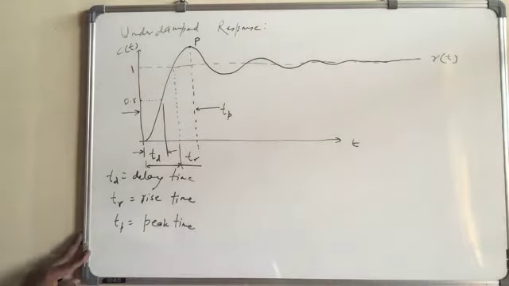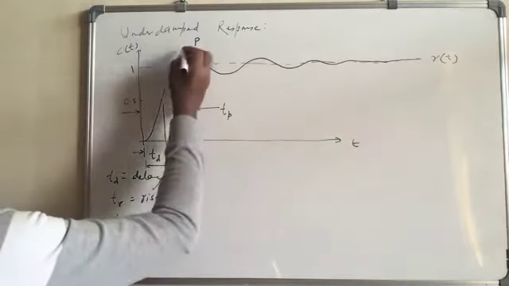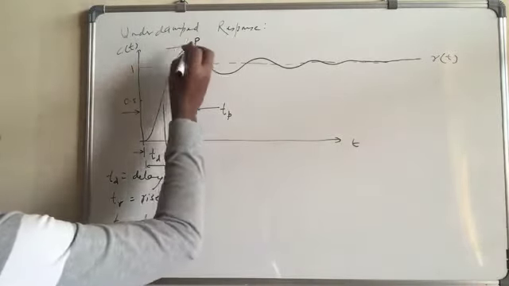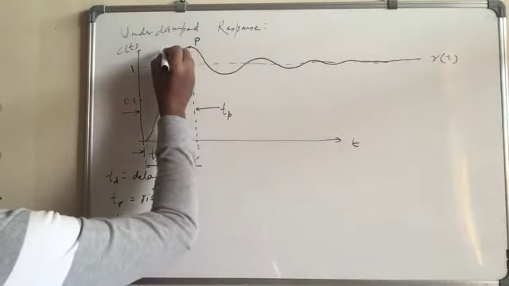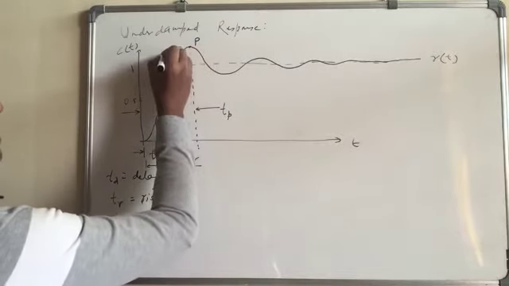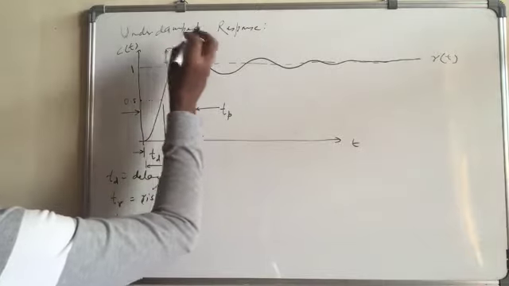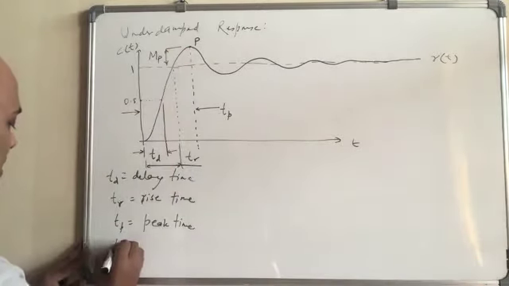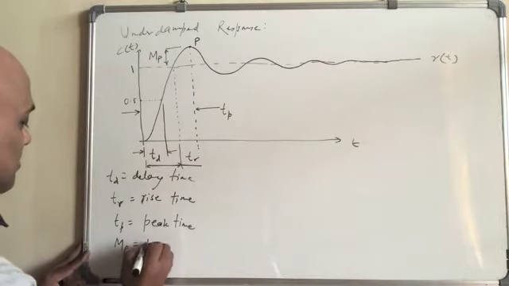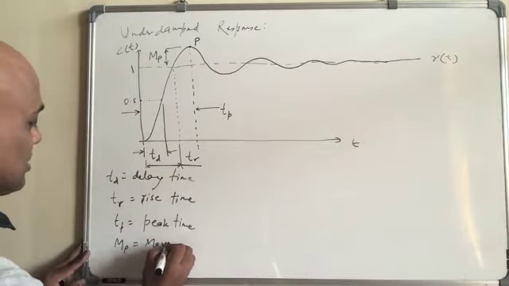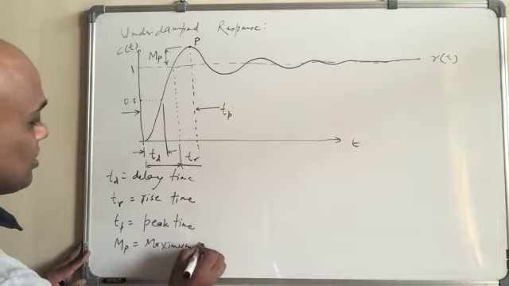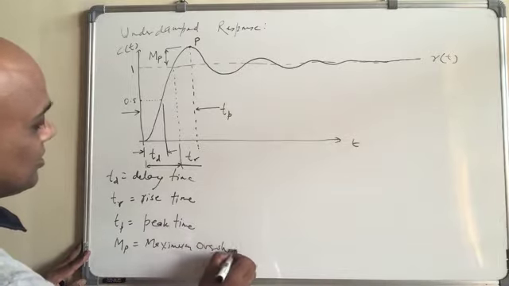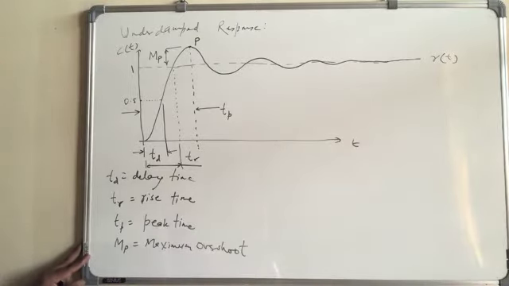And another parameter is the maximum overshoot. This one from here to here, you can say M_p, maximum overshoot. So these are the parameters.